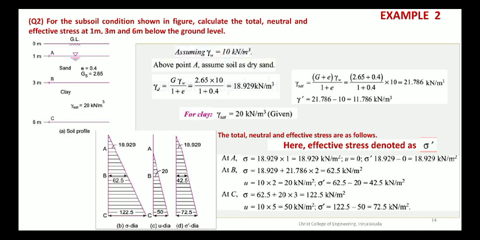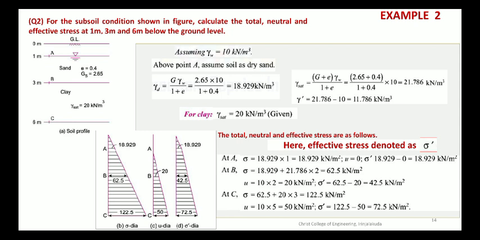Now coming to layer B, what is the sigma value? So sigma, just look at the layer B. What is above it? A layer of dry sand of height 1 meter and a layer of saturated sand of height 3 minus 1, which is 2 meters. 2 meters of saturated sand.